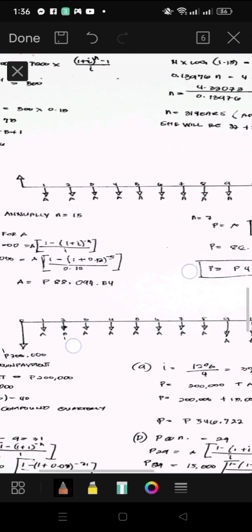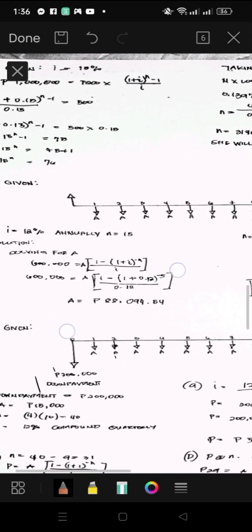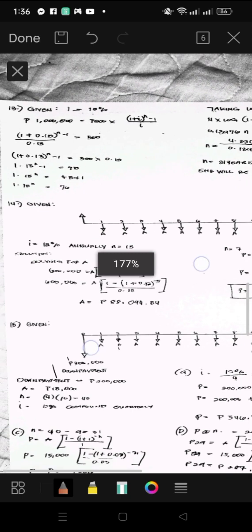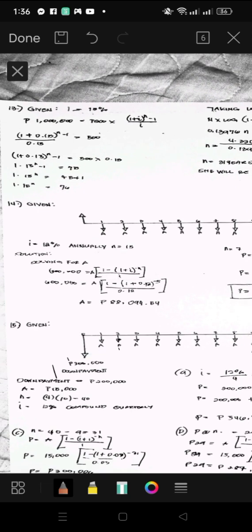So the solution is, the known i, the interest rate, is equal to 12%, and n is equal to 15. And the A, the annuity, is what is required.